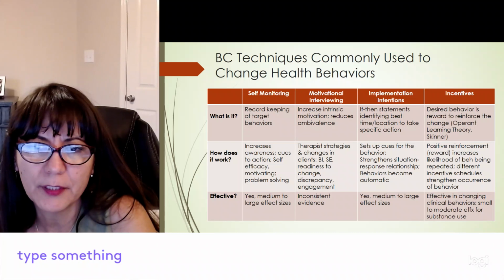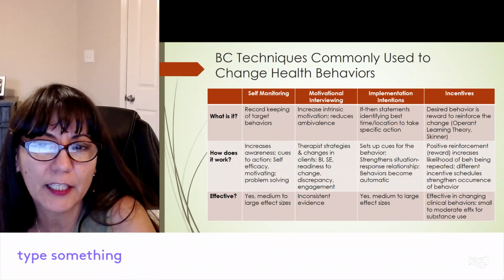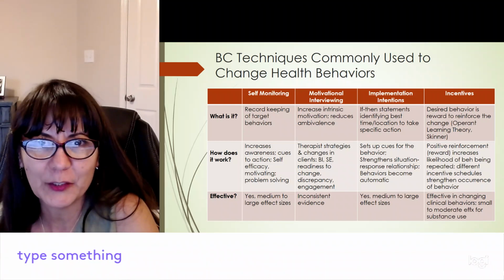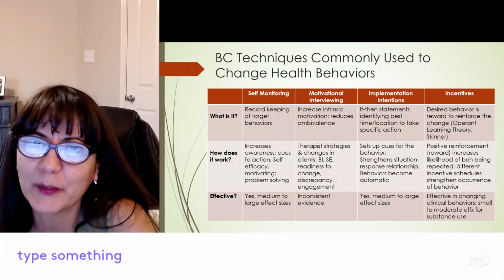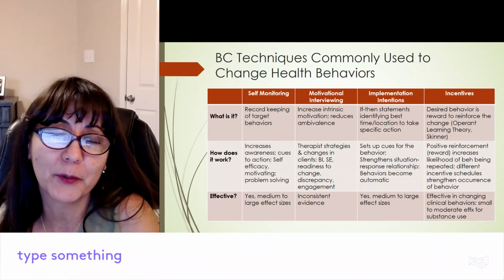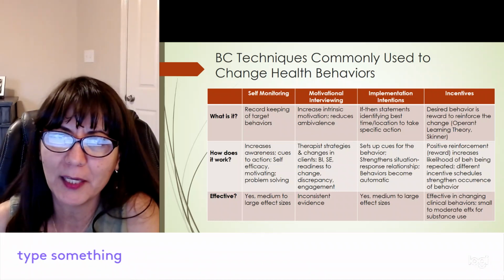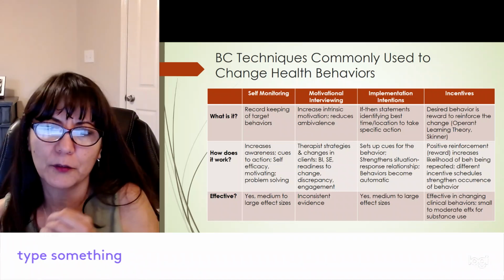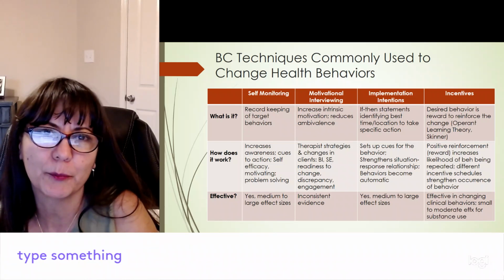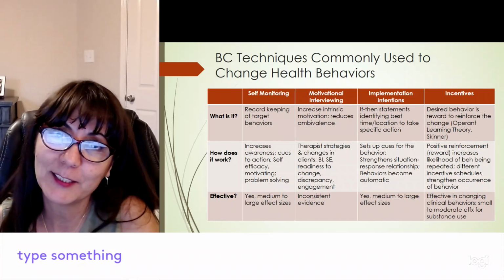Okay. If you've studied operant learning, you know that different incentive schedules or different types of reward schedules tend to strengthen the occurrence of the behavior. So where you might start off rewarding someone every time they initially perform the behavior, eventually you'll start to withdraw the reinforcement and just give it intermittently to keep the behavior going. It works well in animal studies.